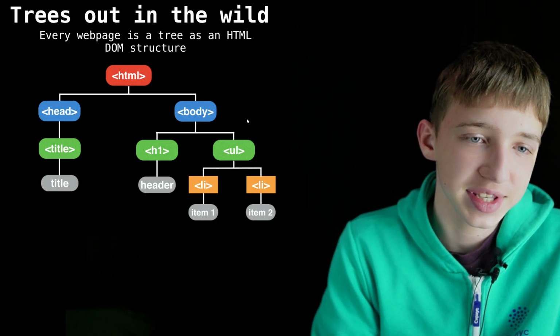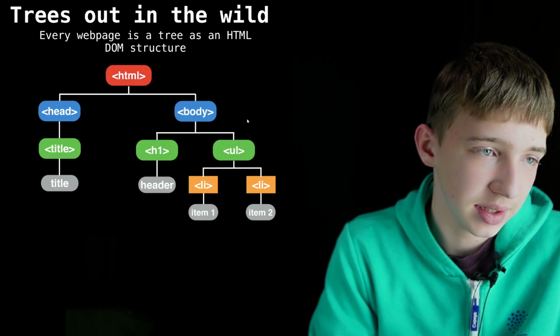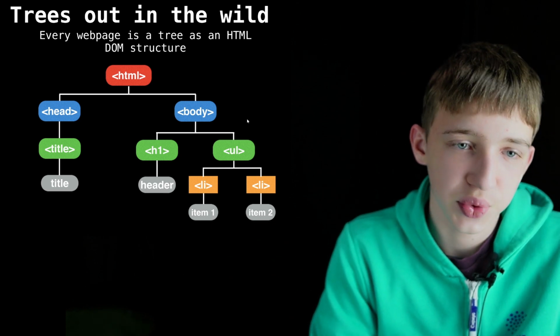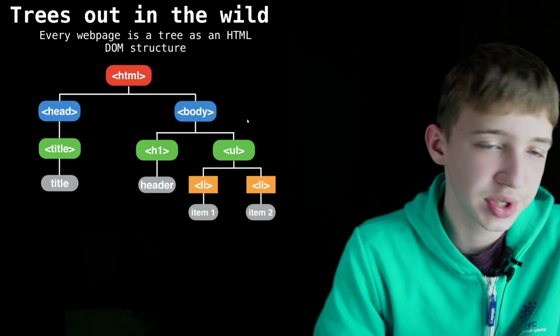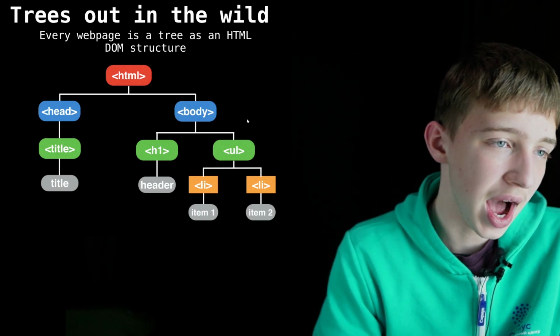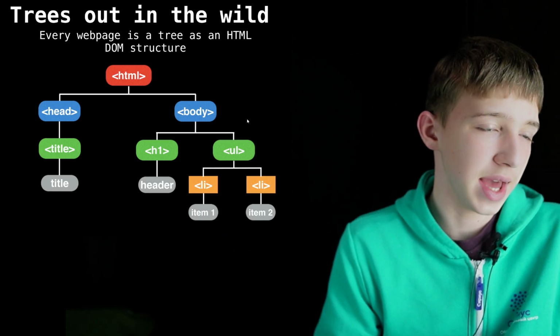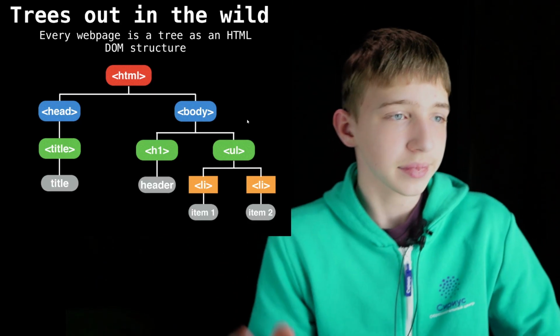Yeah, because the HTML DOM structure, that is HTML's nested tag structure, is used to tell the browser how to easily render the page and how it should be displayed.